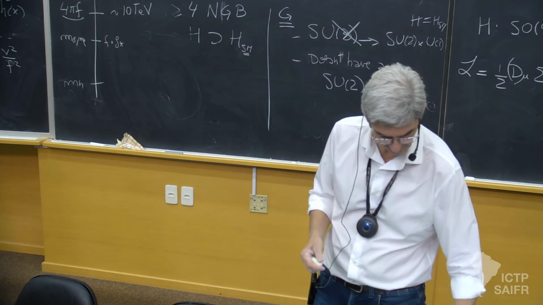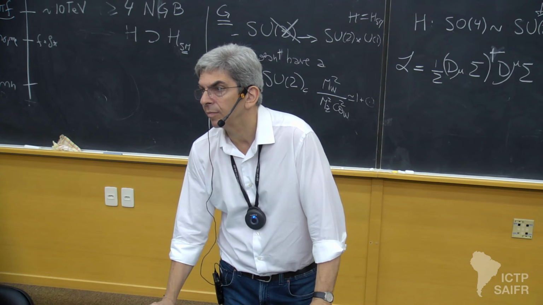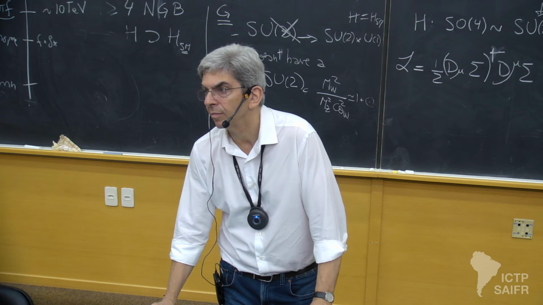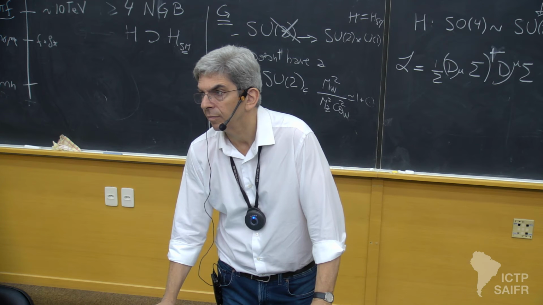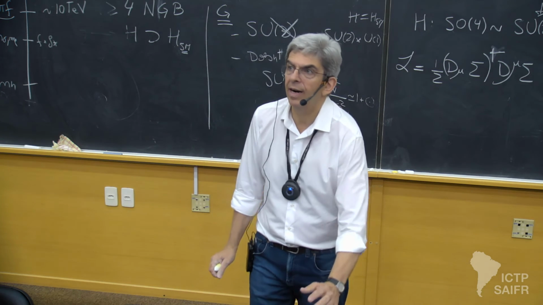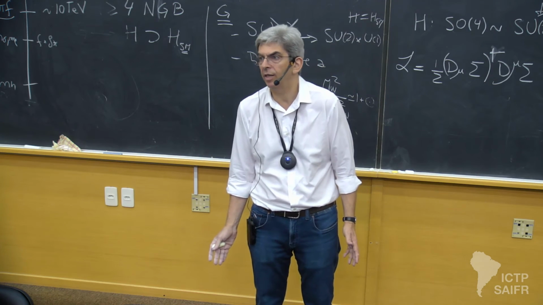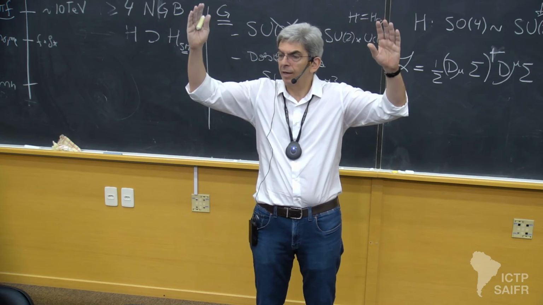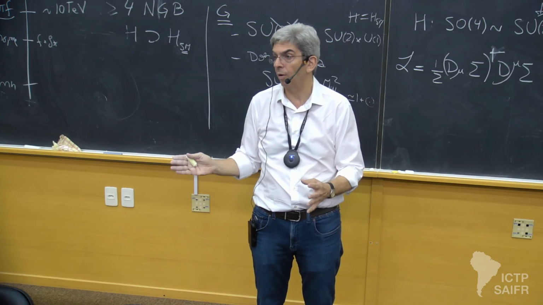Okay, another quick question. If I would like to make a step-wise breaking, I could start with SO6 and break to SO5, after that SO4. How can I do that with the model? You can do, okay, I probably should show you this table. There are at least 20 things you can do, but in most cases, you get more Nambu-Goldstone bosons than 4.